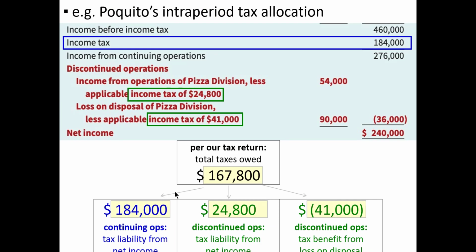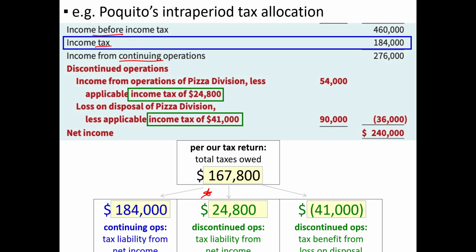Now, Paquito, when you look at the income statement up at the top, it's not very clear what the intra-period tax allocation is. So what I want to do is show you essentially how all the information up at the top breaks down into these components at the bottom. Now, what we do see from this information is the core continuing operations before tax, the continuing operations tax, and the continuing operations net income of 276.